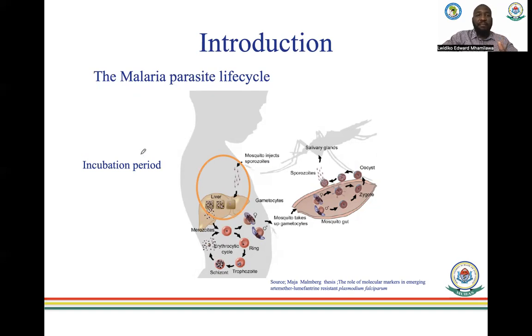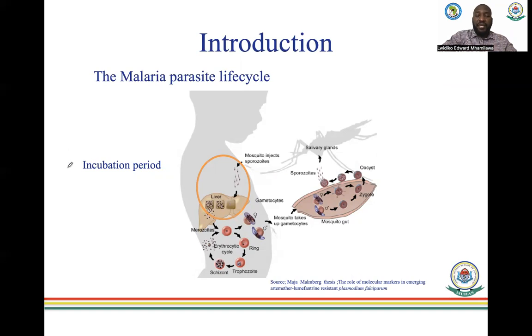They're usually few in number, and there's an incubation period as they go to the liver and start to incubate there. Depending on the species, it might take up to 5 to 7 days for these sporozoites to mature to become merozoites that are ready to attack the circulation.